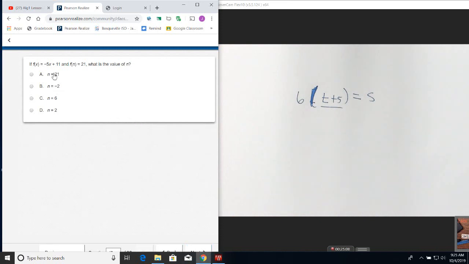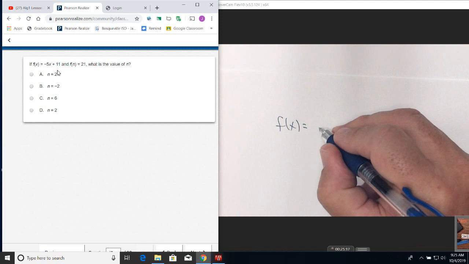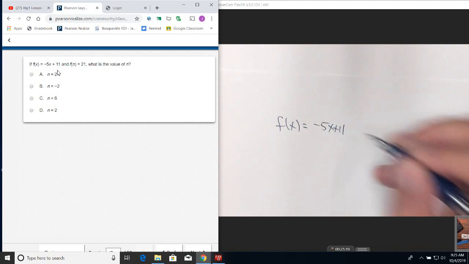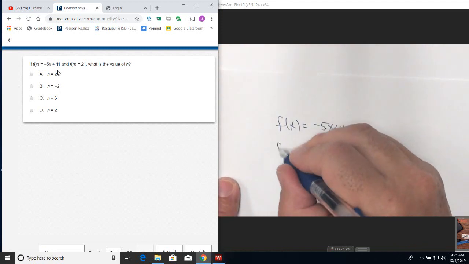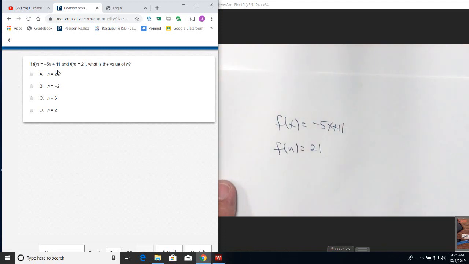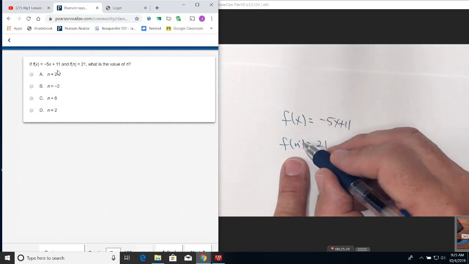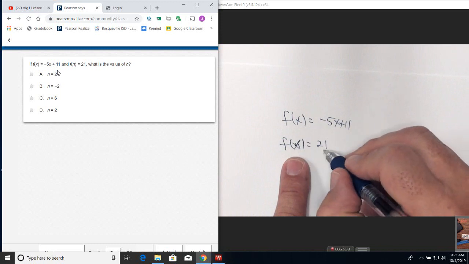All right, if f of x is equal to negative 5x plus 11, so if I write that down, and f of n is equal to 21, what is the value of n? So it's saying if you plug it in, and really what it should say is the output f of x is equal to 21.